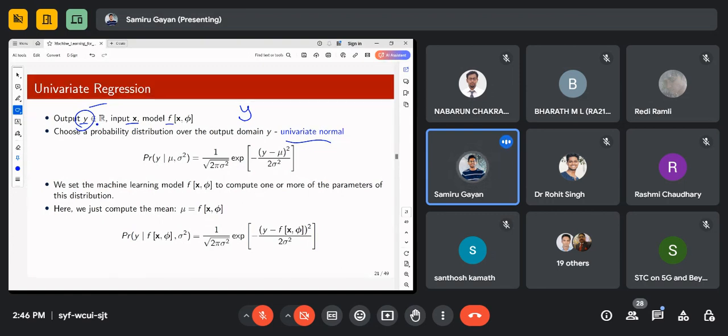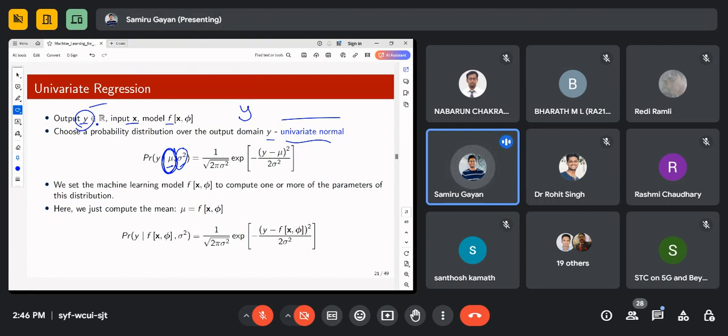For a normal distribution, there are two parameters, mu and sigma. We can keep the variance aside for the moment and try to predict mu using a machine learning model, because we said that we need to choose a probability distribution and predict one or more parameters of that distribution using our machine learning model.